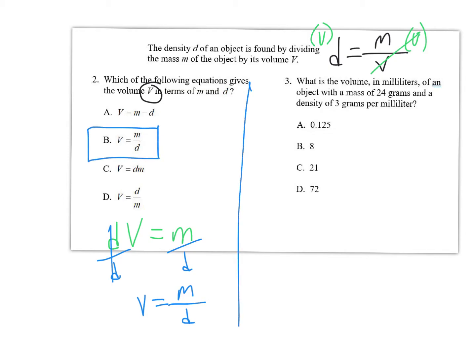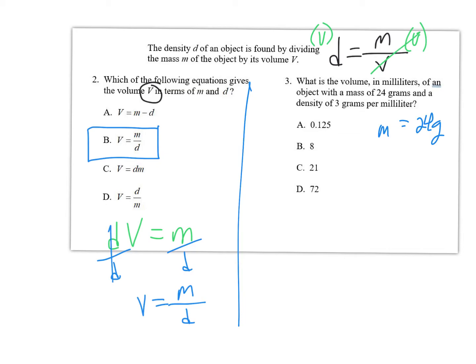Now here's the substitution part. What is the volume in milliliters of an object with a mass of 24 grams and a density of 3 grams per milliliter?